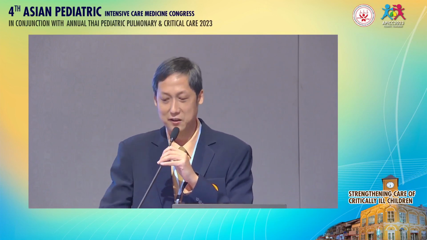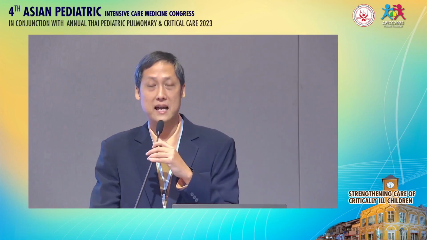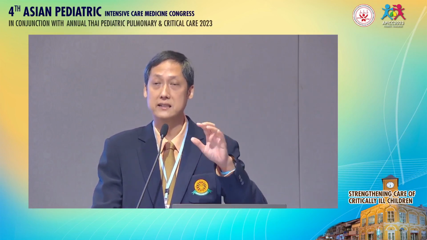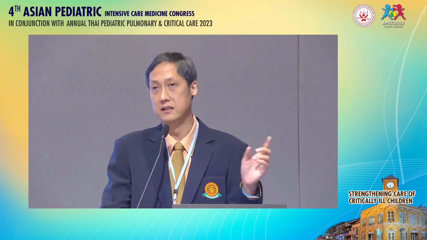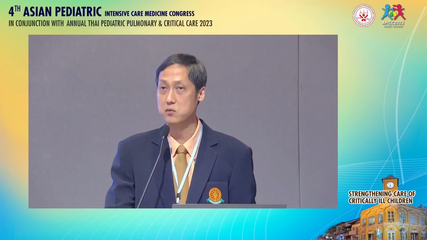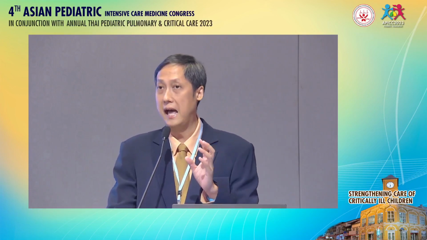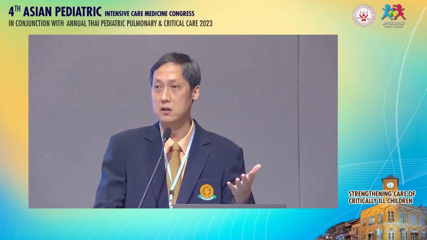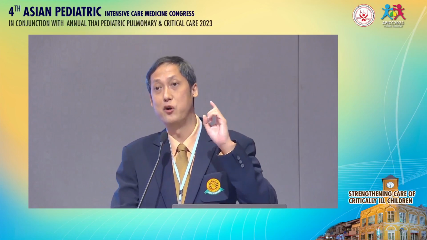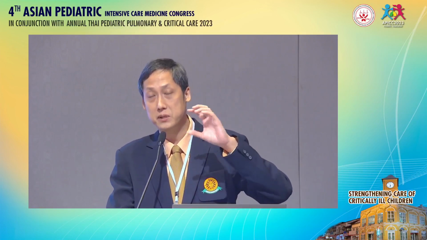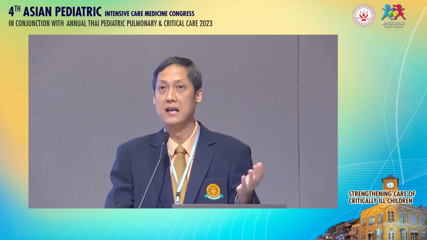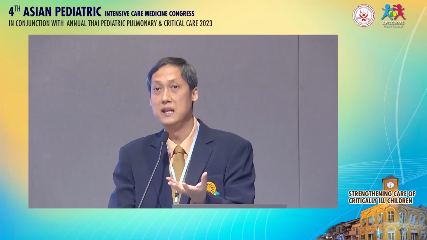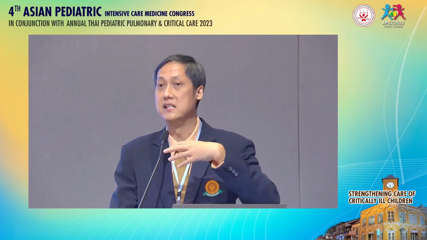Thank you. As we know, if we use too high an intrathoracic pressure, it will decrease venous return and result in hypotension as well. But if we look at the higher and lower PEEP trial, if we use just the right PEEP, the PEEP can recruit the alveoli. And when the alveoli are recruited, the pulmonary vascular resistance decreases.